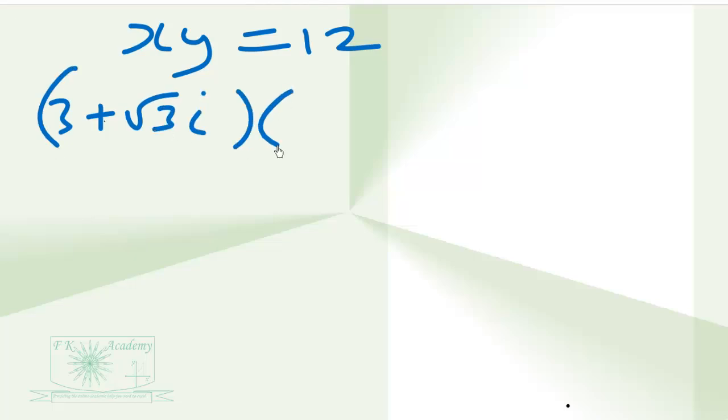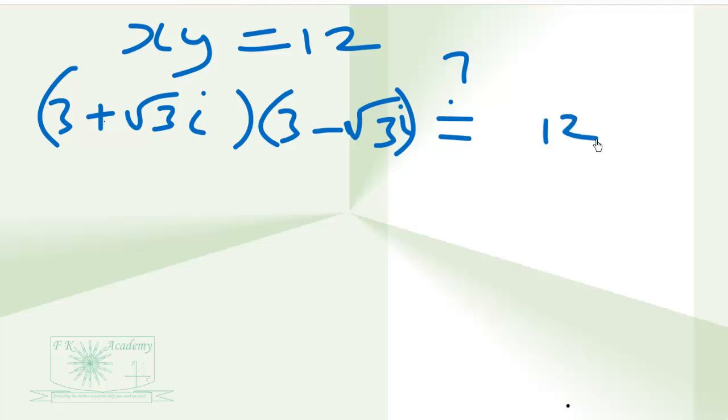xy is equal to 12. So we have 3 plus root 3i times 3 minus root 3i. Is that giving us 12? So 3 times 3 will give us 9. And 3 times negative root 3i will give us negative 3 root 3i.